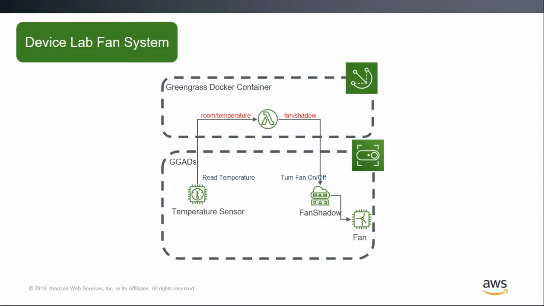As long as the platform is running Docker, Greengrass can run on it. After that, once we have got the signal on the Lambda from the temperature sensor, we send the shadow update to our shadow device, which is fan in our case. And as soon as the fan shadow gets updated with the status to turn it on or off, the fan gets on or off accordingly.